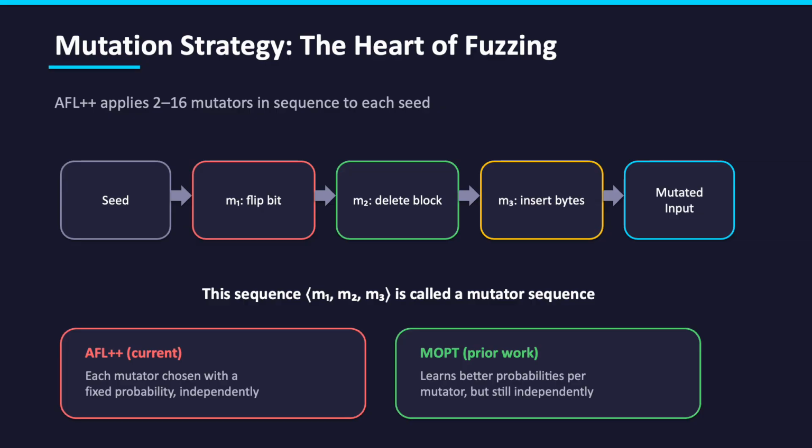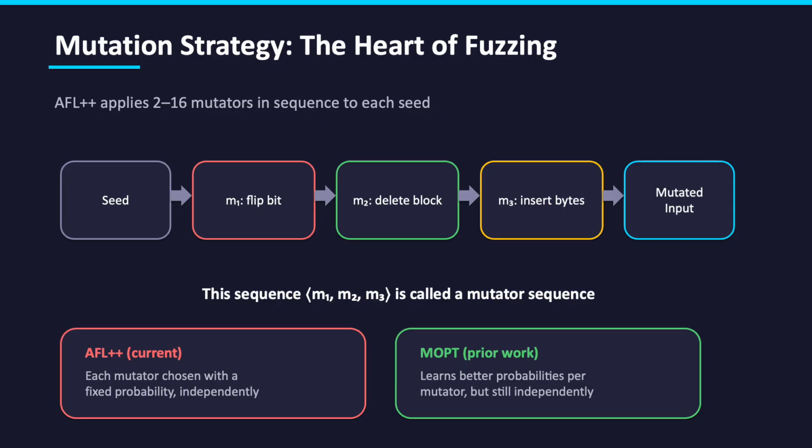So now let's zoom into the part of fuzzing this paper focuses on, the mutation strategy. So when AFL++ decides to mutate a seed, it doesn't just apply one change. It applies a sequence of mutators, anywhere from 2 to 16 of them, stacked one after another. So your seed goes through mutator 1, then mutator 2, then mutator 3, and so on.